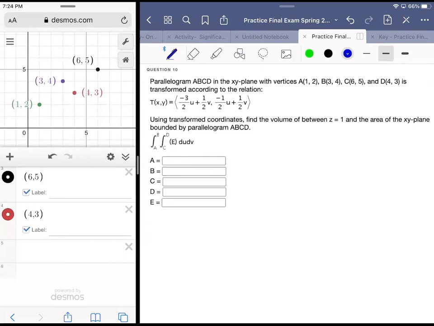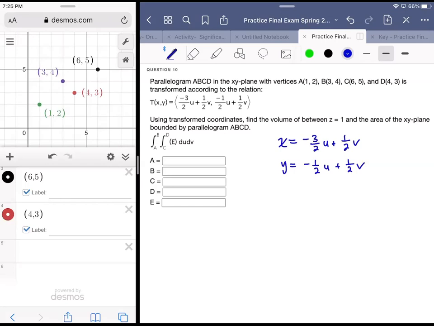Okay. So definitely a parallelogram. Now, what we want to do here is transform based off of this relationship that's given. All right. Now they tell us that x is equal to -3/2 u plus 1/2 v, and y is equal to -1/2 u plus 1/2 v.